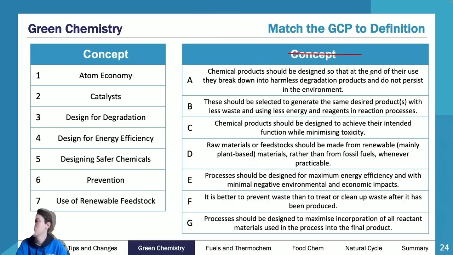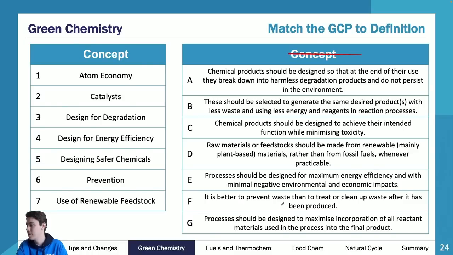So we need to look at things like reactants or the start of a chemical equation. No. Also no. That one sort of gives it away for which one that is, but it's not. It's better to prevent waste.